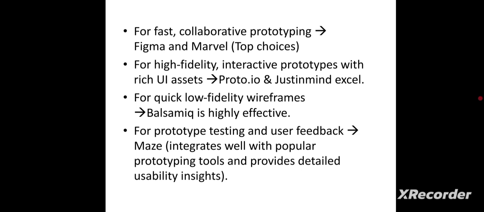For high fidelity interactive prototypes with rich UI assets, Proto.io and JustInMind are suitable. And for quick low fidelity frameworks, Balsamiq is highly effective. For prototyping, testing, and user feedback, Maze integrates well with popular prototyping tools and provides detailed usability insights.